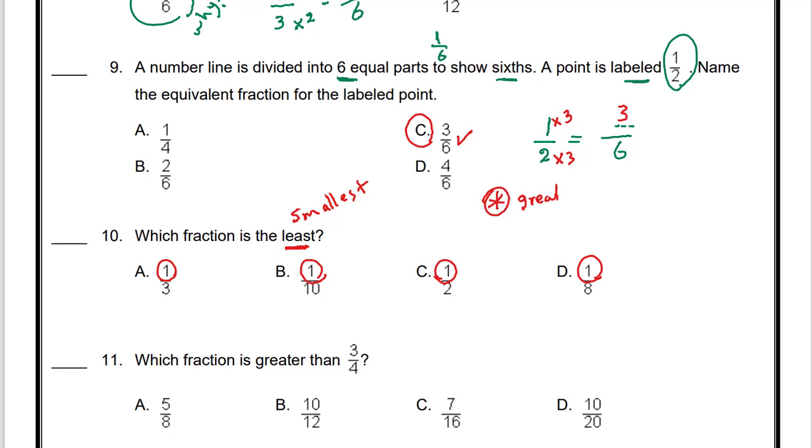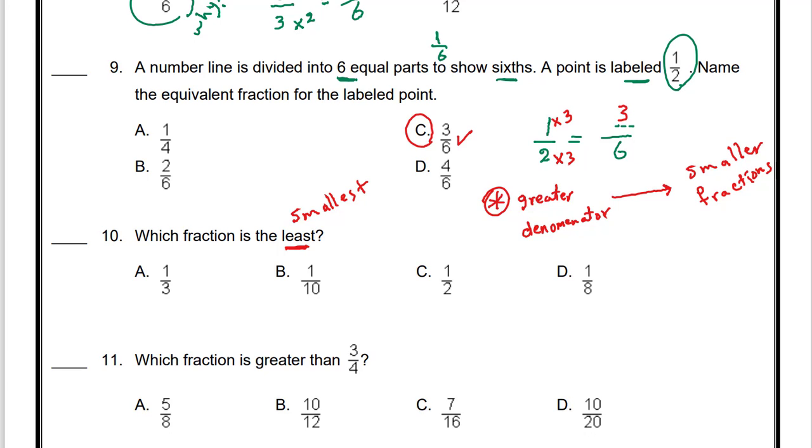When you have greater denominators, it gives smaller fractions. Right? So we need the smallest fraction here, and they have the same numerator, so we will choose the greatest denominator.